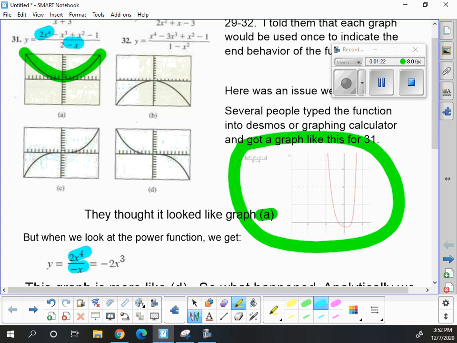And if you remember from trig, or even algebra 2, if it's odd, the direction is going to be different on the ends. Negative means that as x gets large, it's going to go negative, and the opposite side is going to go in the opposite direction. So that made us think it should be D.